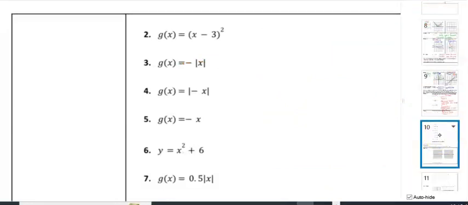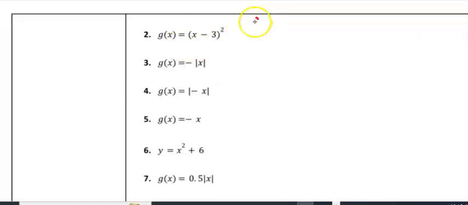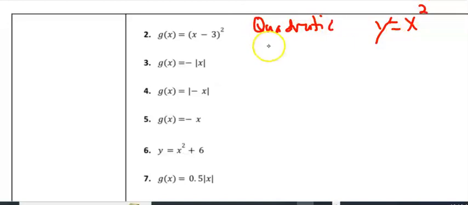What function's this one here? It's squared. It's got to be a what? Quadratic. Correct? Y equals x squared is my parent function. Agreed? Which way am I moving this one? Right 3, imposter, correct? Right 3, because it's inside the parentheses.